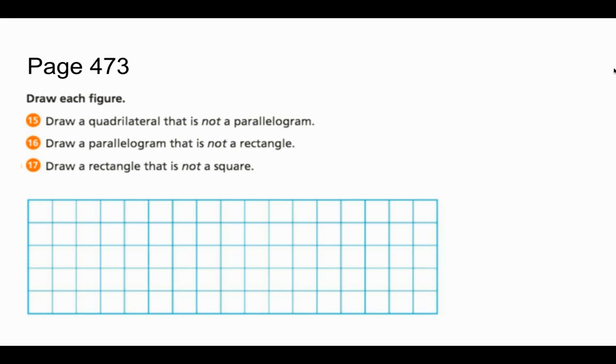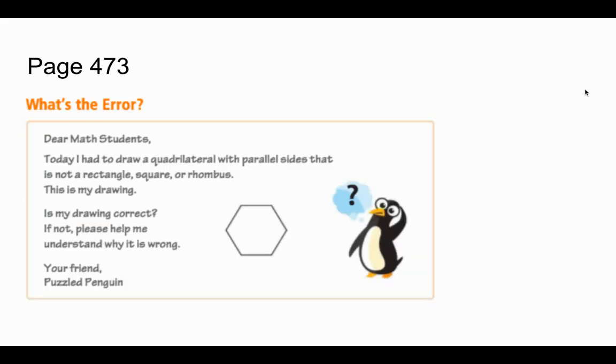All right, and of course, third graders, if you know me, on page 473 is our friend Puzzle Penguin. What's the error? Dear math students, today I had to draw a quadrilateral with parallel sides that's not a rectangle, a square, a rhombus, and this is my drawing. Is it correct?